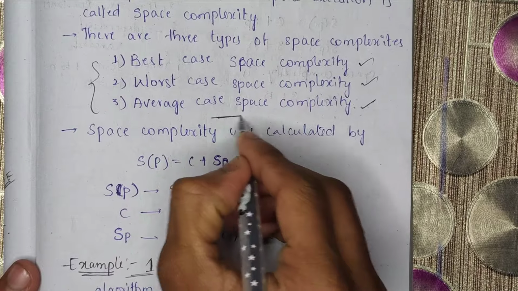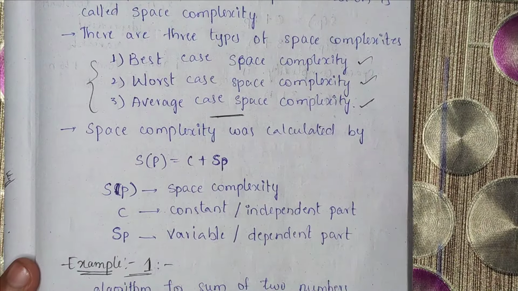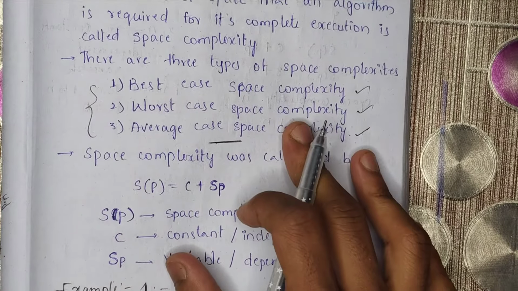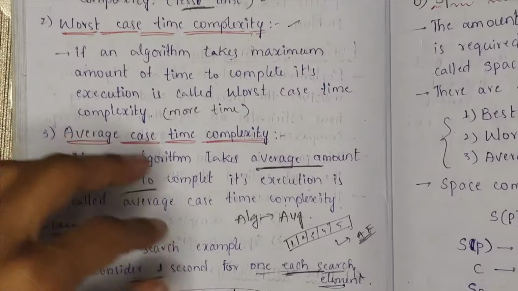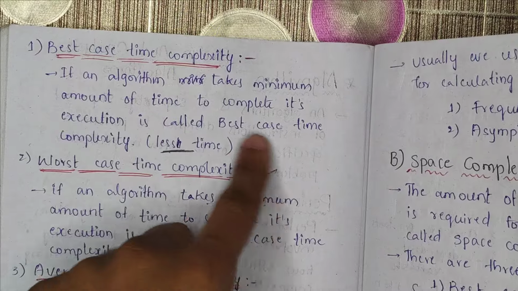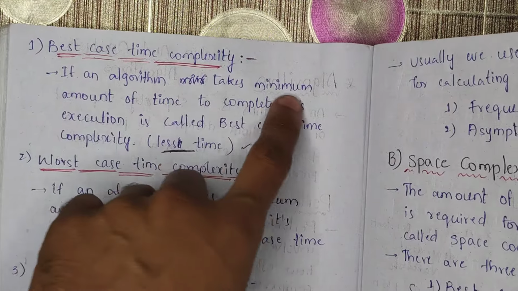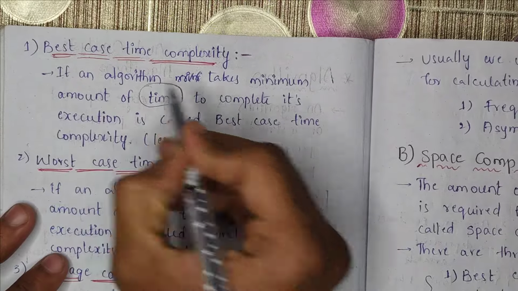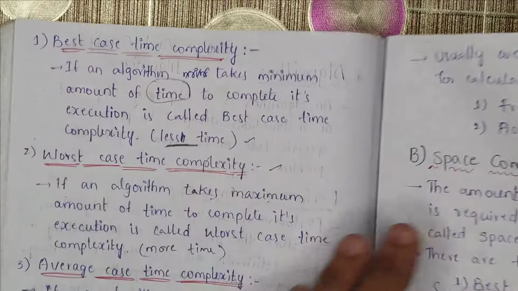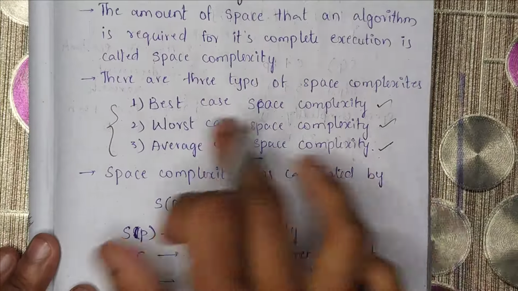Here you can elaborate your answer by writing the definitions you have already written. For example, where it says an algorithm takes the minimum amount of time, in the place of time you substitute space. The definition will be elaborated much more.